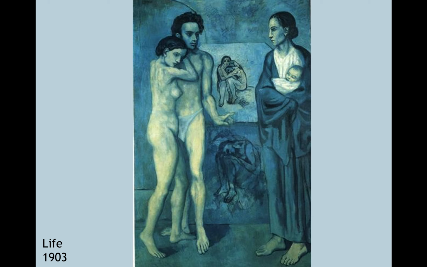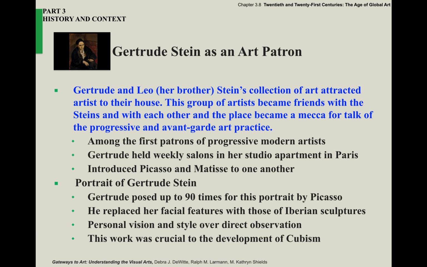This was avant-garde artwork. So they had to have some sort of buyers. They became friendly with the artists and invited them over. They had a bunch of artwork, and so the artists would go over to their house to see their work. They introduced Picasso and Matisse to each other.